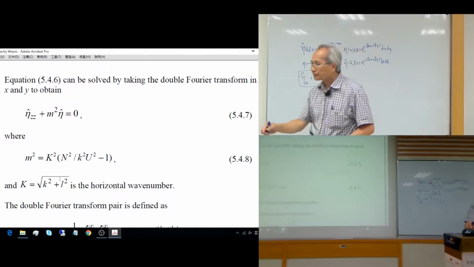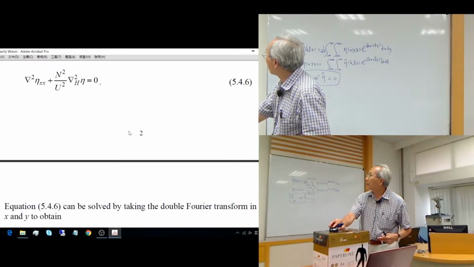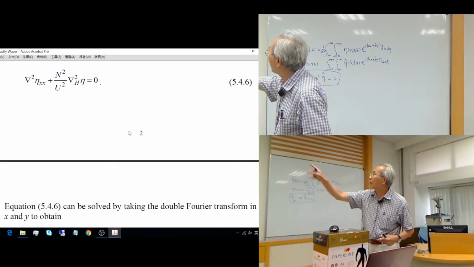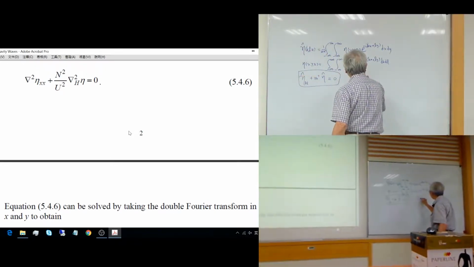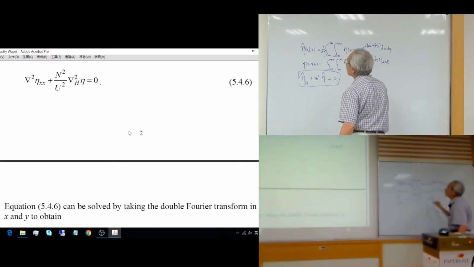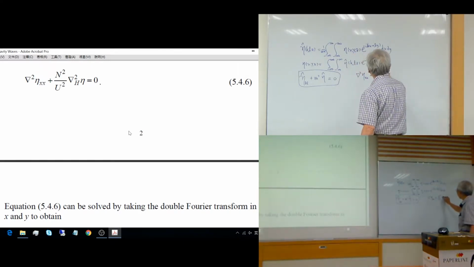And this m is pretty easy to obtain because we can easily make the Fourier transform of del squared of eta xx plus N squared over U squared, del h squared eta hat equals 0.